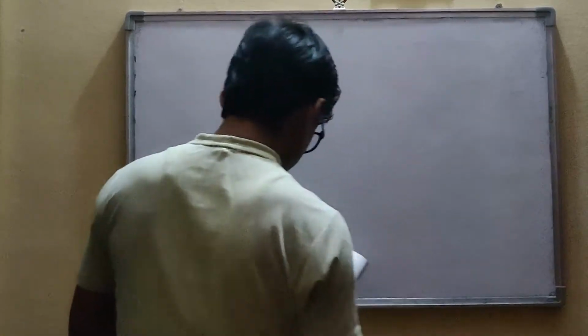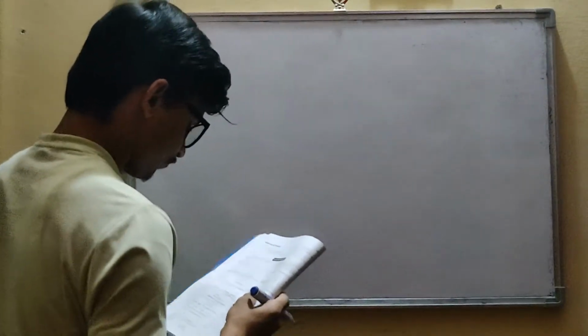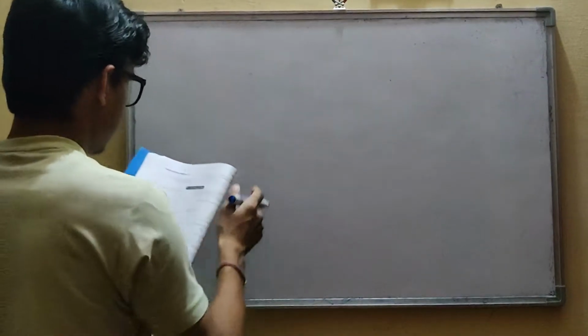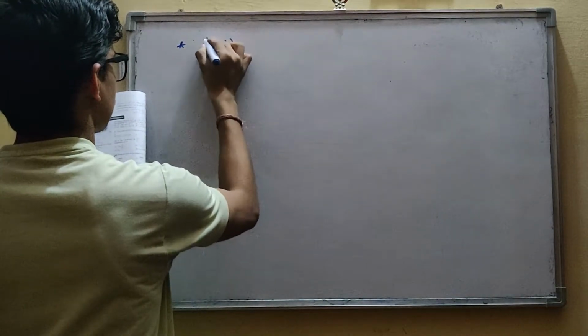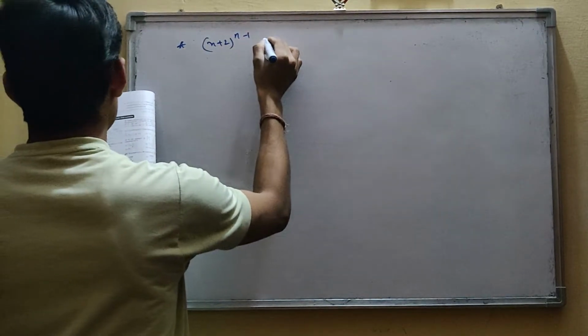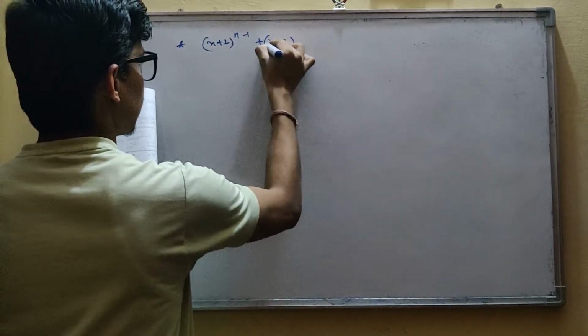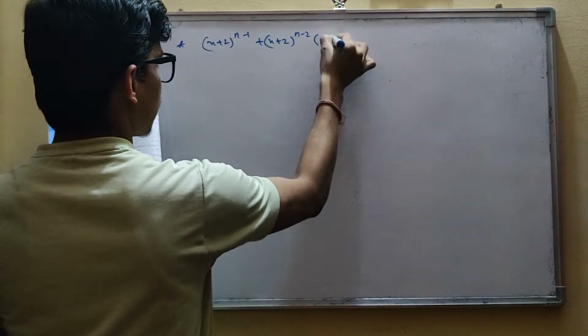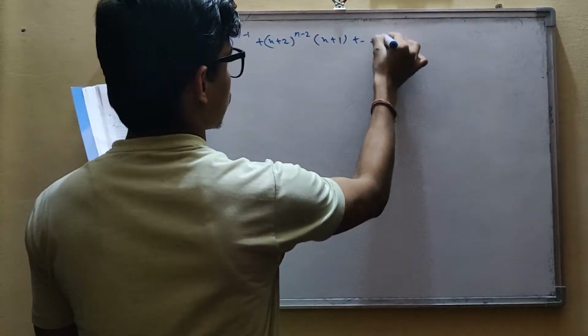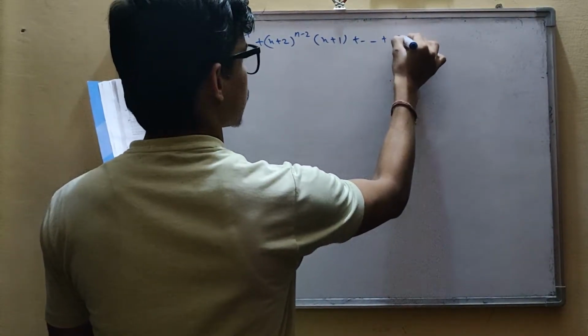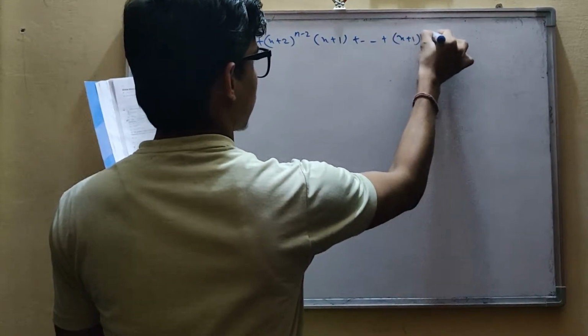If you observe the series, it is in GP. It is something like this: (x plus 2) to the power n minus 1, plus (x plus 2) to the power n minus 2 times (x plus 1), and so on, right? So the last term is (x plus 1) to the power n minus 1.